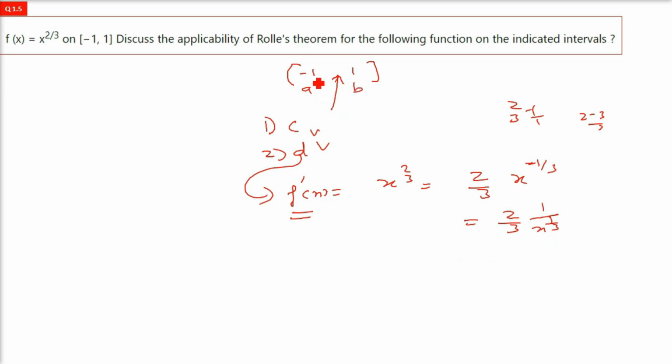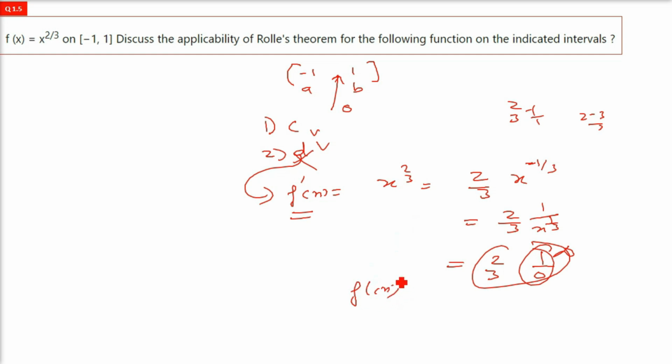Alright. So between -1 and 1, I am very fond of 0. When I put 0, it becomes undefined. That means it is not differentiable. When you differentiate it, you get an undefined value at 0. So f'(x) is not defined properly in this interval.